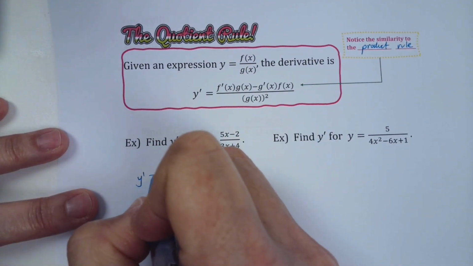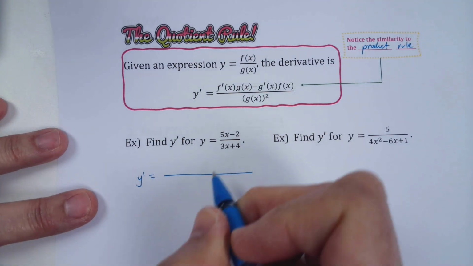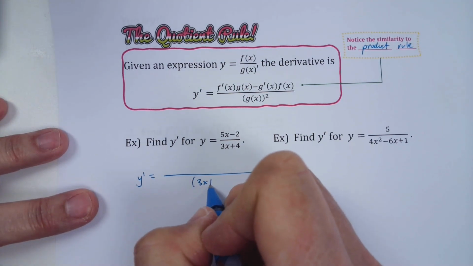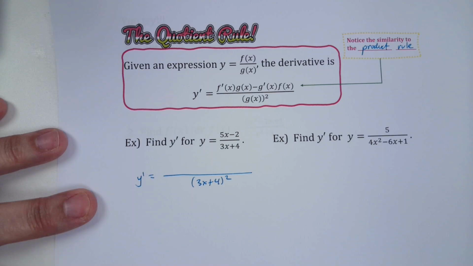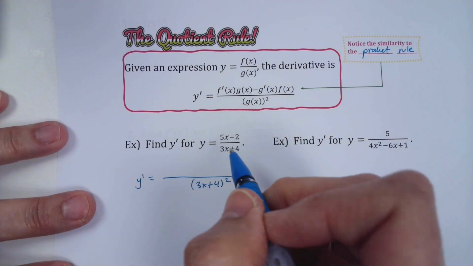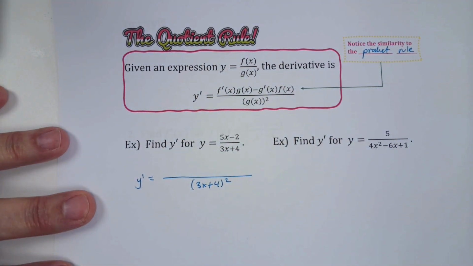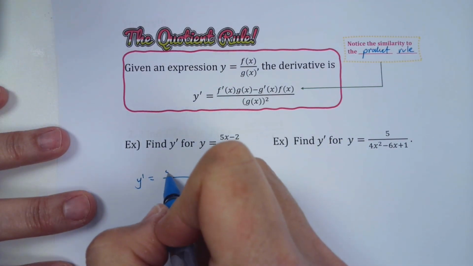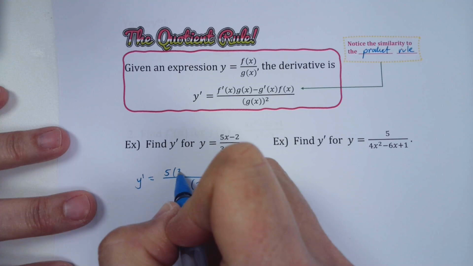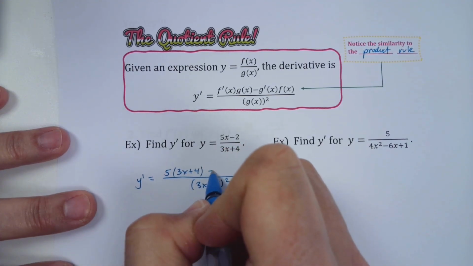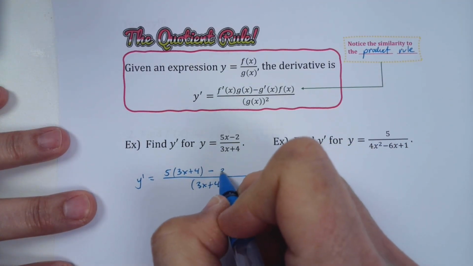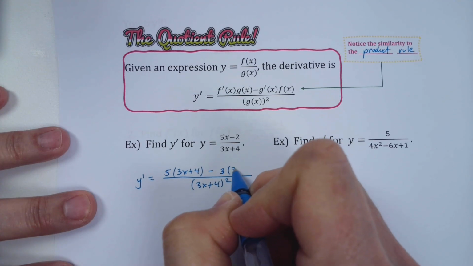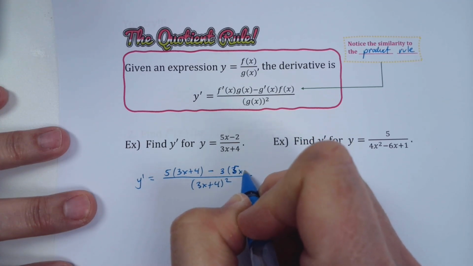So my derivative, I like to basically take the denominator and put it down here, squared, so that's all done. Now for the top, I will do the derivative of the top, which is 5, times the original bottom, minus the derivative of the bottom times the original top, 5x minus 2.